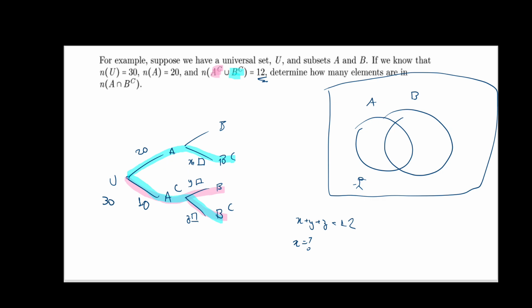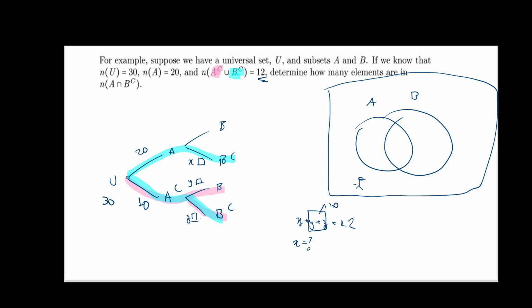Now let's think about this. I know that the x, the y, and the z should sum up to 12. But if you use the second rule, where whatever comes in the left has to go out to the right, I don't know what y is or what z is, but I know that the sum y plus z should be how much? 10, right?